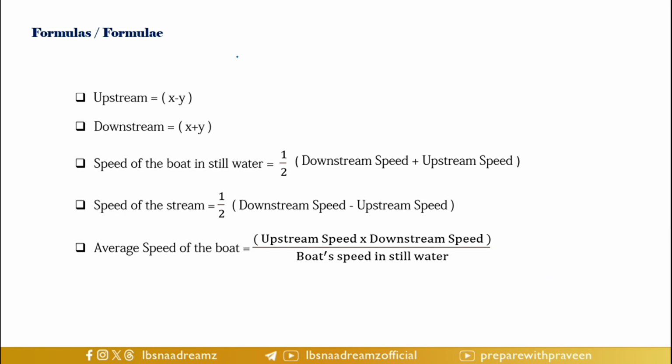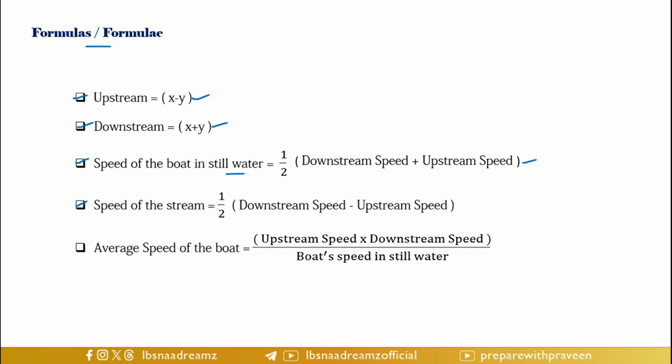So here are some formulas which we have to use while solving problems related to boats and streams. Upstream is equal to x minus y, downstream is equal to x plus y. Speed of the boat in still water is equal to 1 by 2 into downstream speed plus upstream speed.